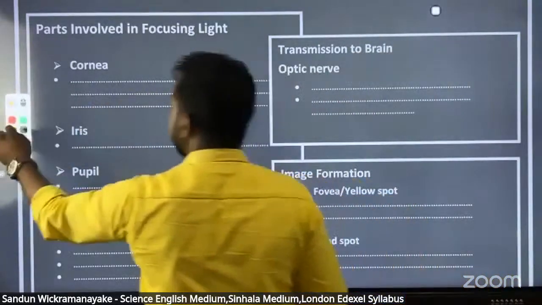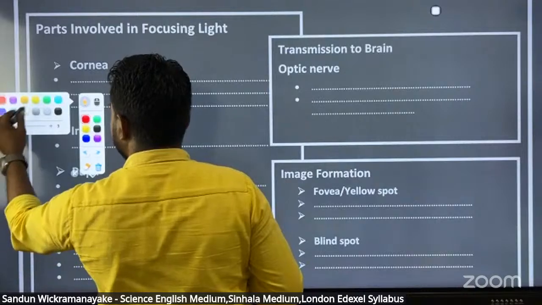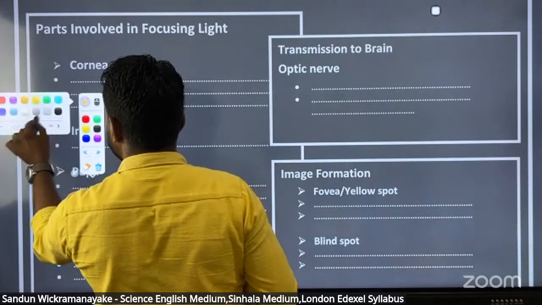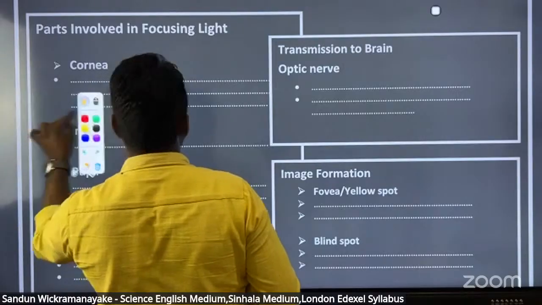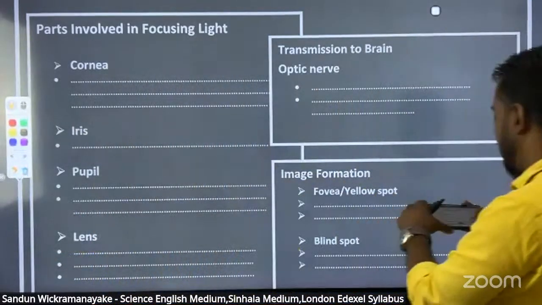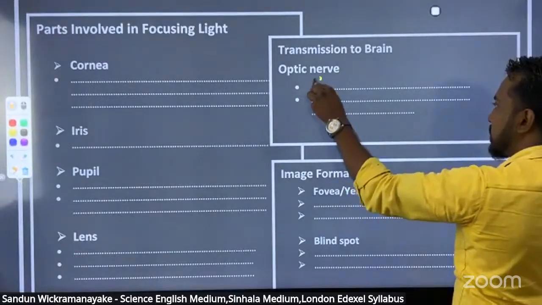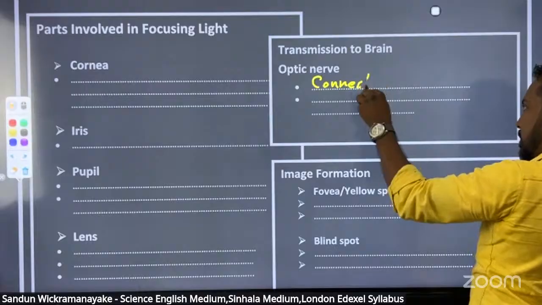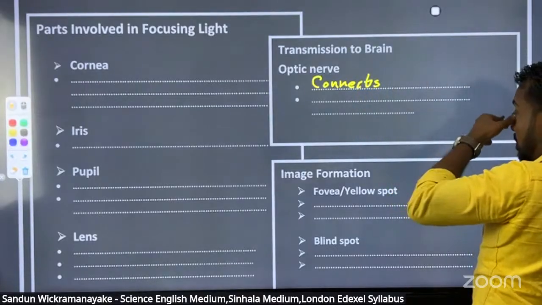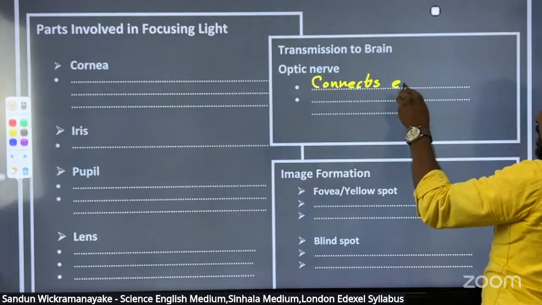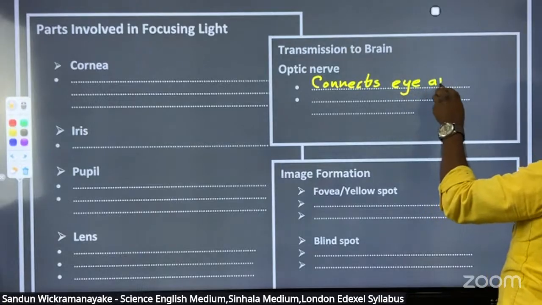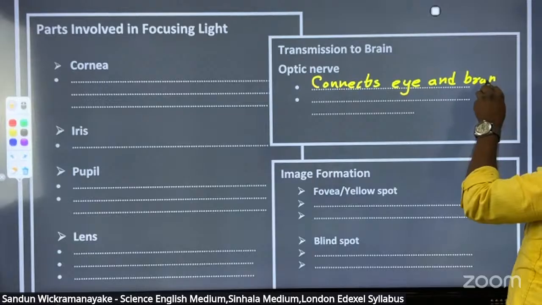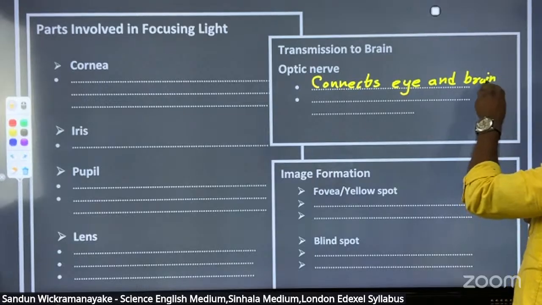Transmission to the brain is controlled by the optic nerve. It connects the eye and brain.